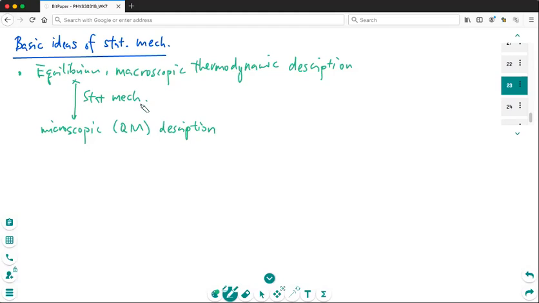I'm not going to talk about all this operator theory and how to solve the Schrodinger equation based on different potentials. So this is not my aim. My aim is very simple. I assume you know how to solve the problem. I'm going to just pick these energy levels and use them.